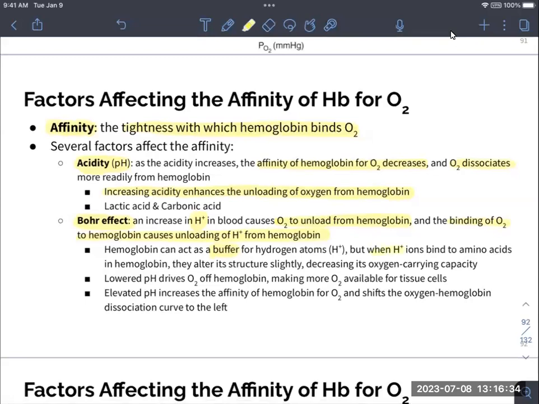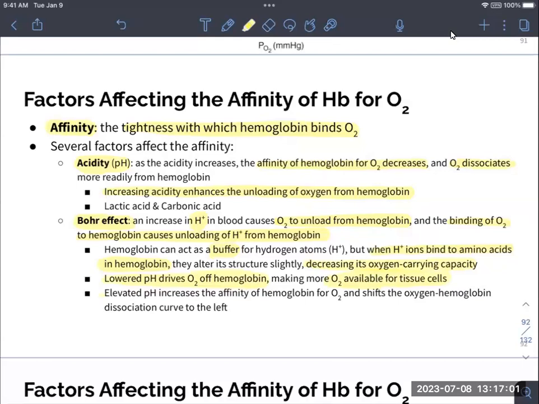So when hydrogen ions bind to different amino acids in this hemoglobin, it changes that structure and it actually decreases that oxygen carrying capacity. The lower the pH, that means the more acidic, the less oxygen is going to bind. The less oxygen that is going to bind, the more oxygen there's available for our tissues.